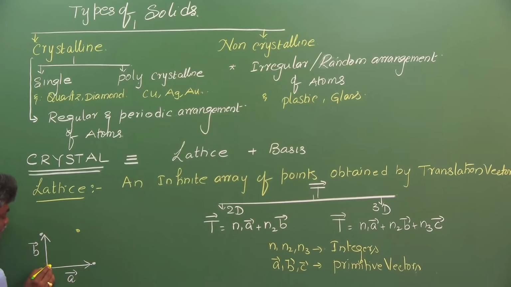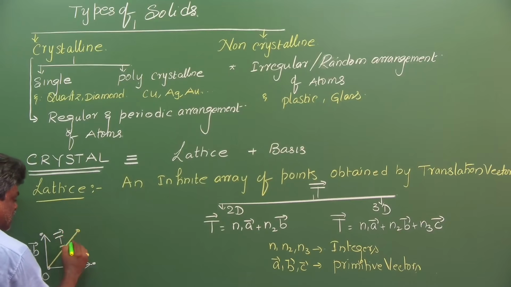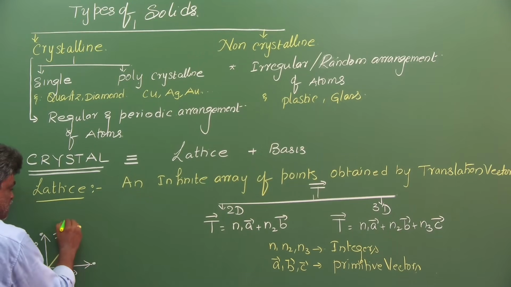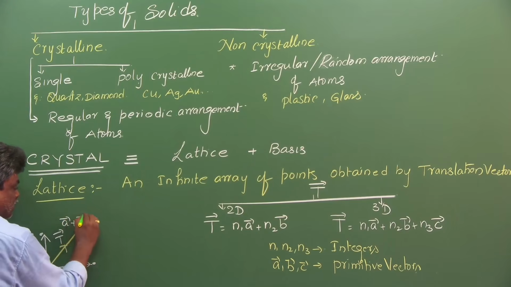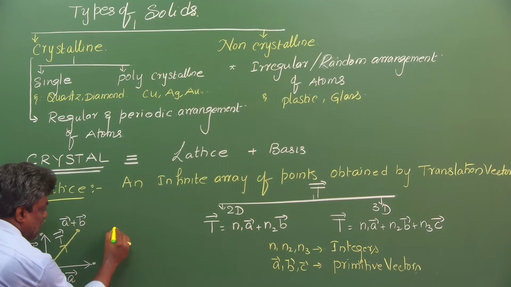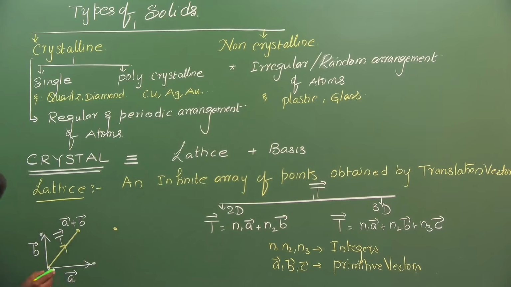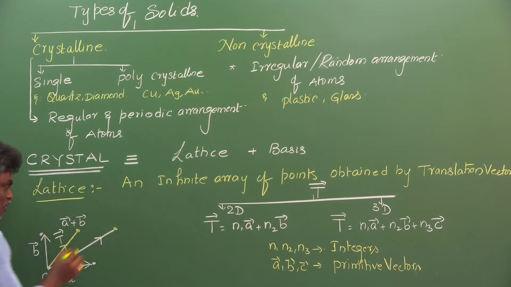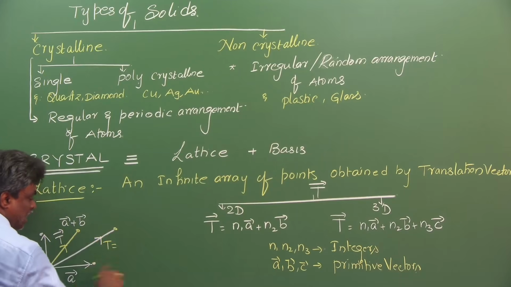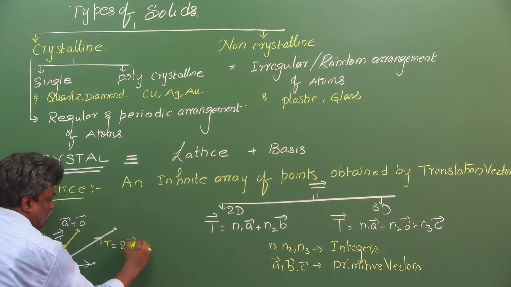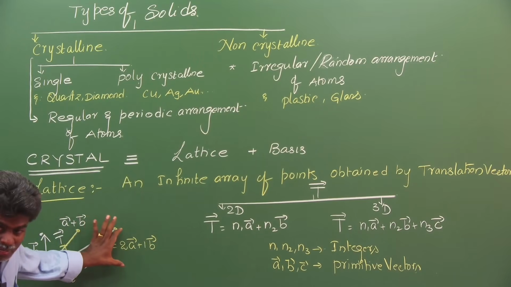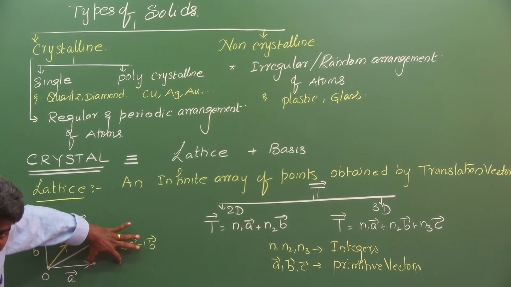So I am taking a translation vector. This translation vector is nothing but how many A's? 1. How many B's? 1. That's why A bar plus B bar. I will use another translation vector to get this other point. By the translation vector, how many A? 2A bar plus 1B bar. Is it okay?